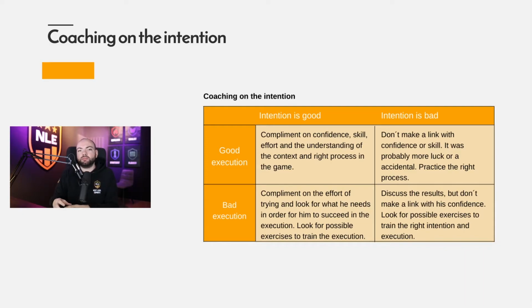Most of the time the players will see it as well, but it's good for you as a coach to also point out the process, because sometimes players don't see the good intention behind it because there was a misplay in the execution. They sometimes think, oh, this works so badly, it doesn't work with the jungle and the mid lane, or with a specific communication between 2 players in Counter-Strike or Rocket League, so let's try something different. Although the intention and the process were good, the execution was not there.